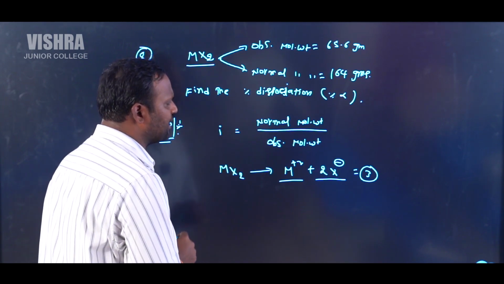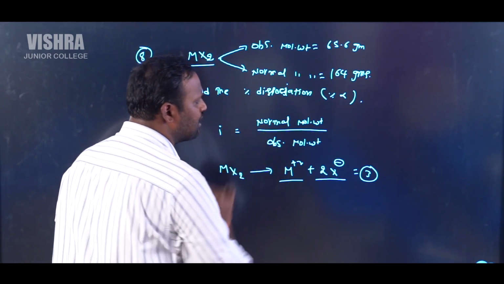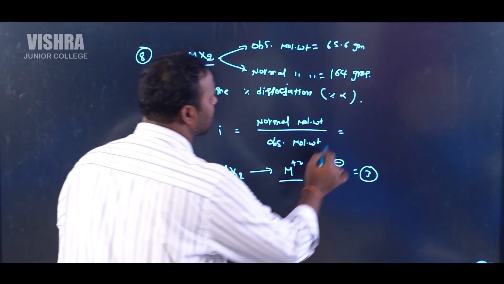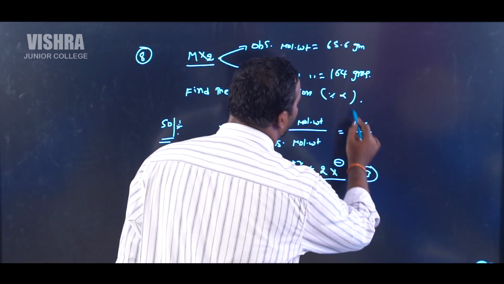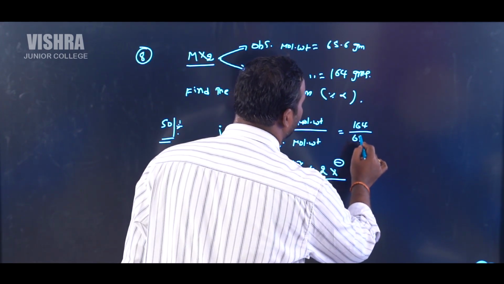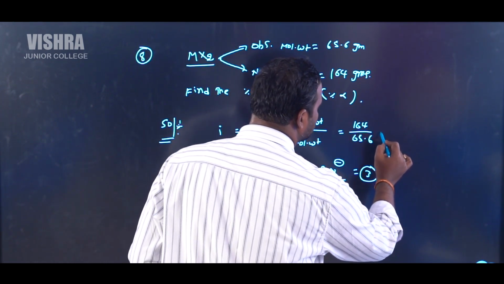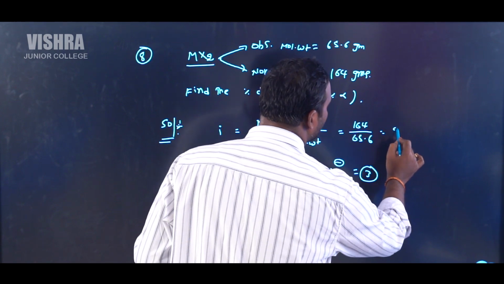Here Van't Hoff factor i is equal to normal molecular weight by observed molecular weight. The normal molecular weight is 164 grams, the observed molecular weight is 65.6 grams. So 164 by 65.6 is equal to 2.5.